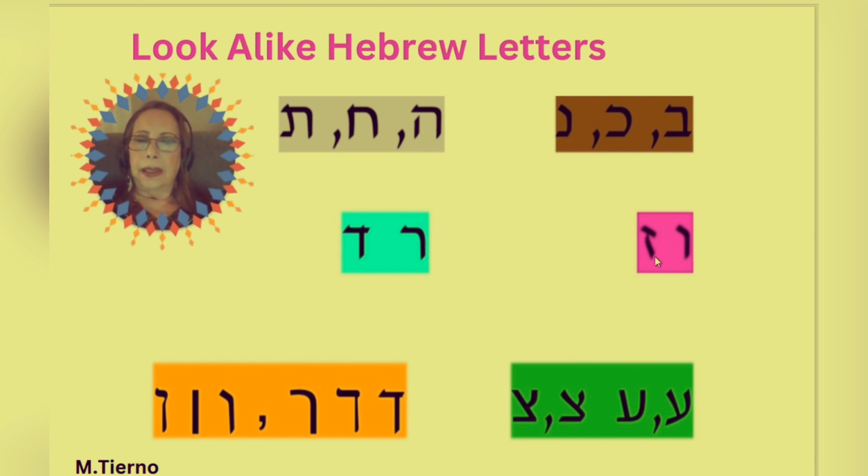It's zigzagging, okay? Zigzagging. And if you can see, it almost looks like a little T up on the top, but it's zigzagging. So call it Zayin.